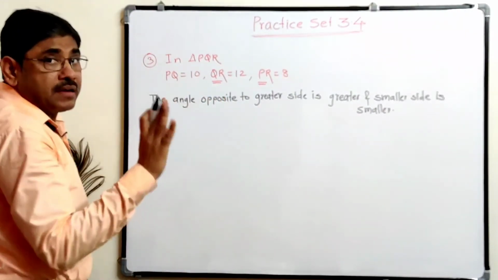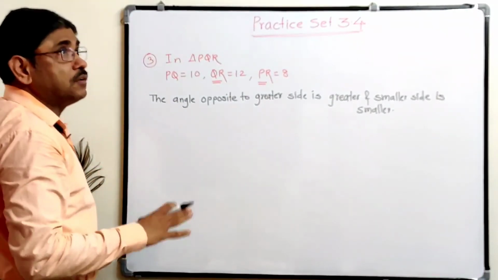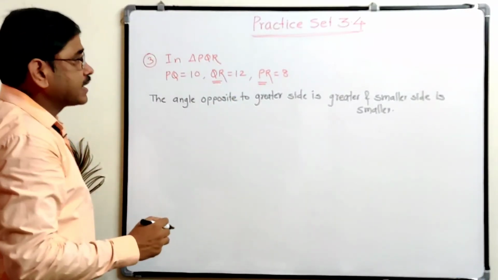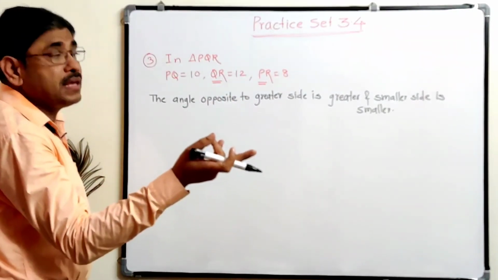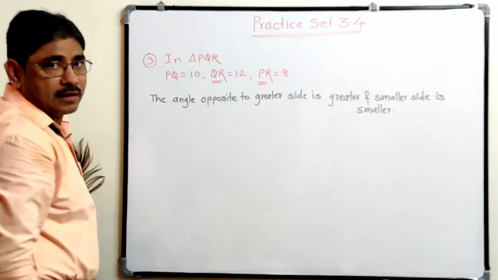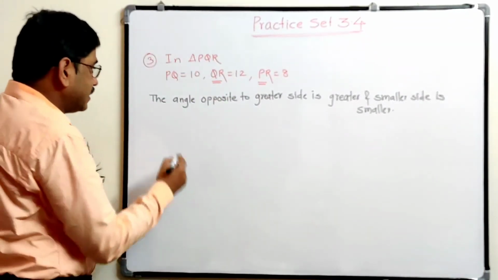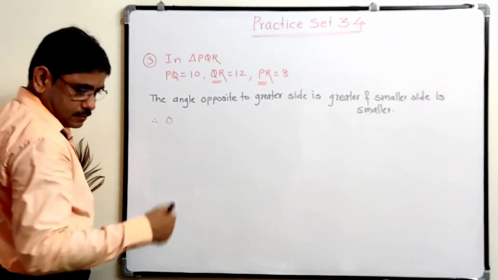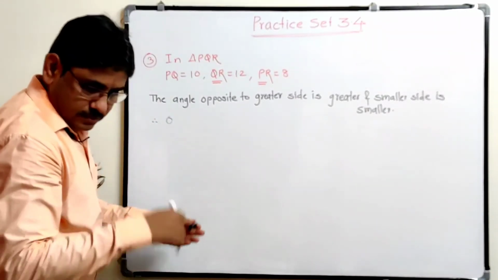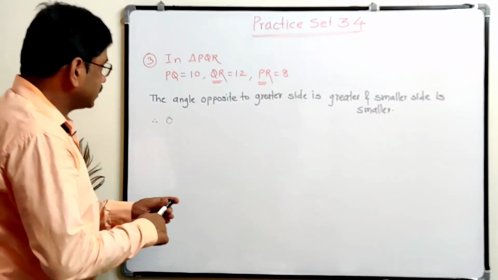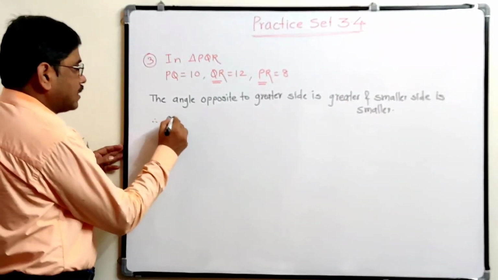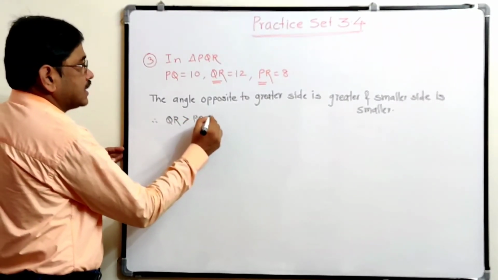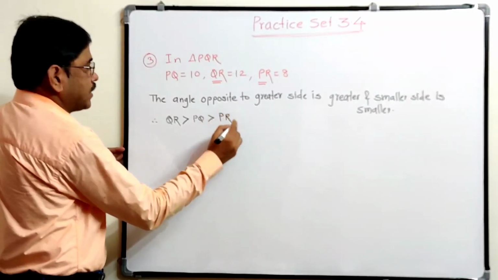Now how to identify without drawing the diagram, without drawing the figure, which one is the opposite? This is the side QR. If side QR, then which is the third point? P. So angle P is opposite to this QR. So which one is the greater angle? Therefore QR is greater than PQ is greater than PR, means QR is the greatest side.